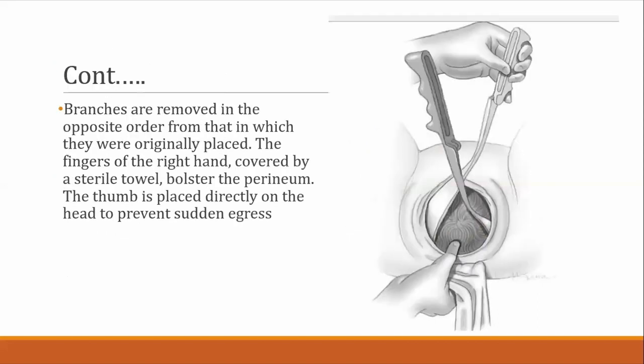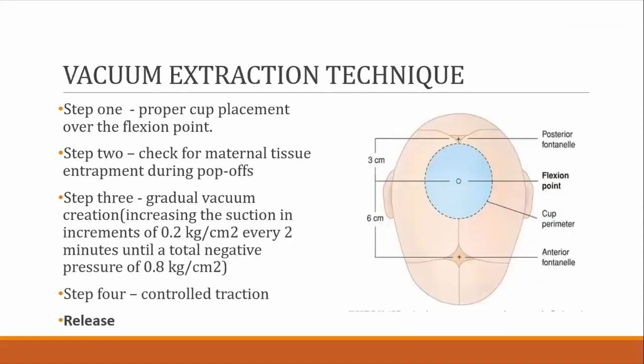When it is successful, you also have to know how to properly remove the branches of the forceps, because they should be removed in the opposite order from that in which they were applied, and the fingers should also guide the removal in order to protect the maternal pelvis.